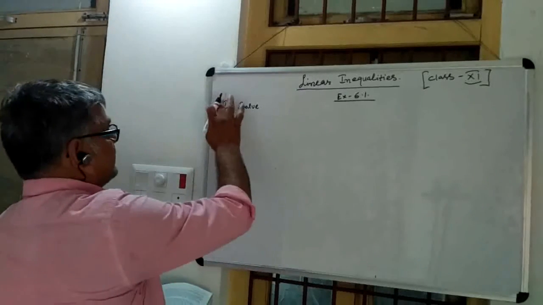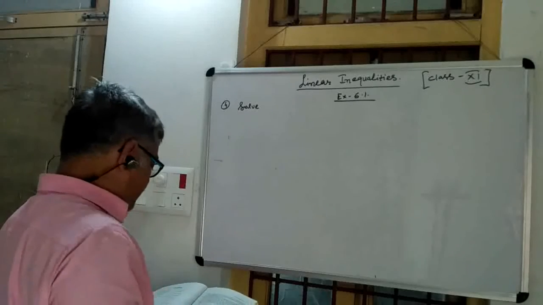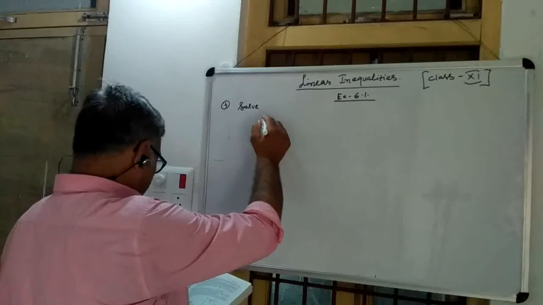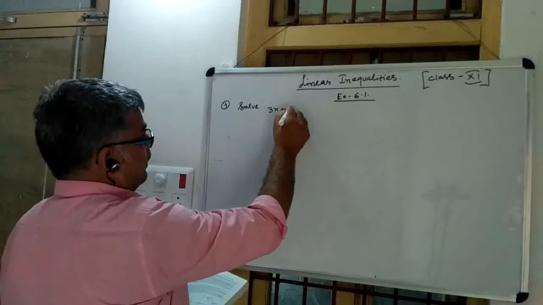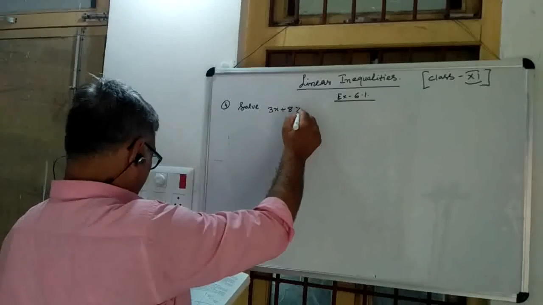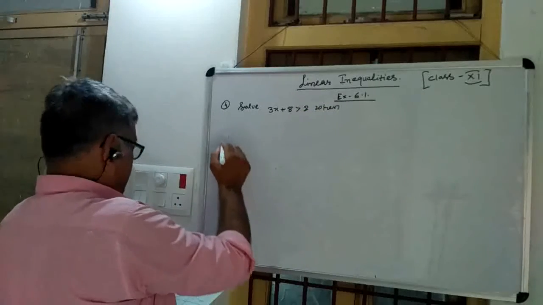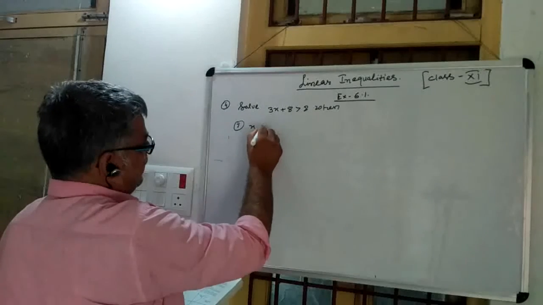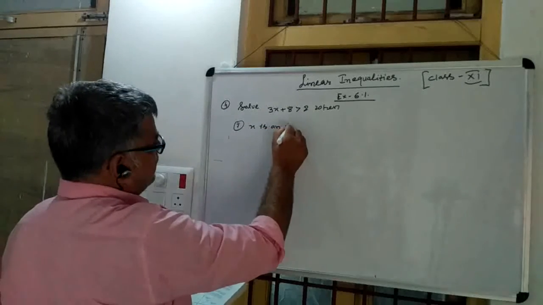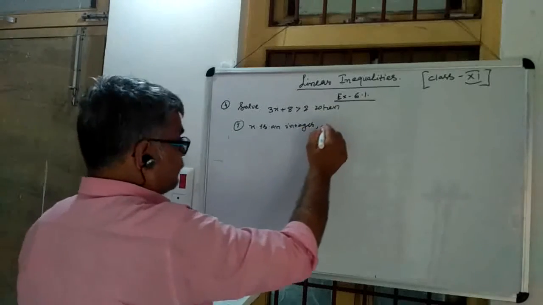So let's see question number 4 from exercise 6.1. You need to solve 3x plus 8 greater than 2 when the condition is, number 1, x is an integer, and number 2, x is a real number.